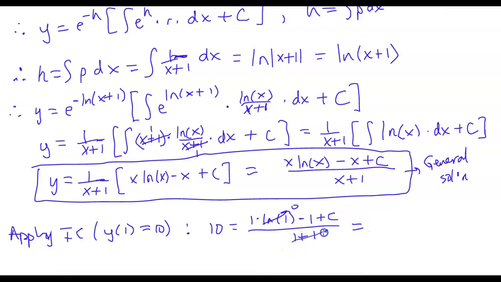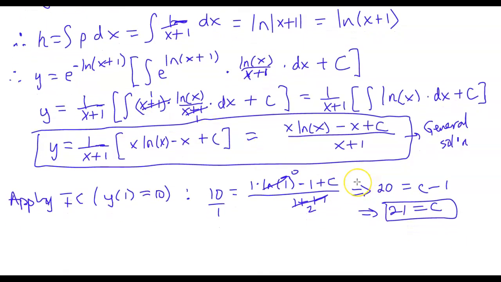And of course, 1 plus 1 is 2. So if we do some cross multiplication here, putting this over 1, we'll have 2 times 10 is 20. And over here, 1 times negative 1 plus c is just going to be c minus 1, which means if we add 1 to both sides, c is 21.